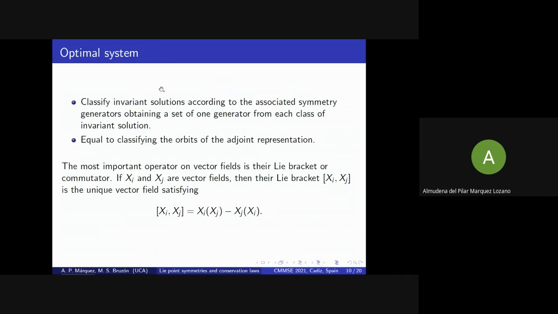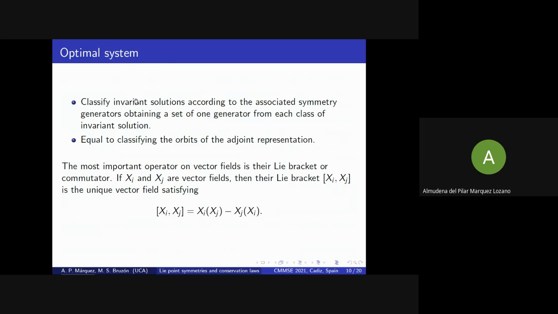Now it's important that we classify these solutions because we have to obtain a set with only one generator from each class of invariant solution, so we don't have one invariant solution with 2 generators. So there's no repetition.